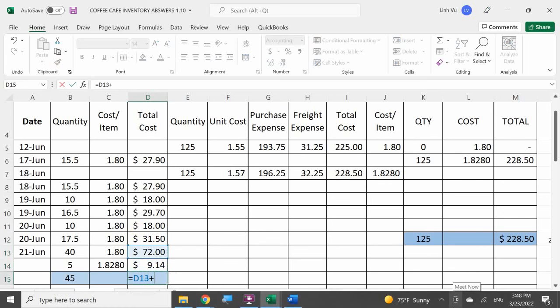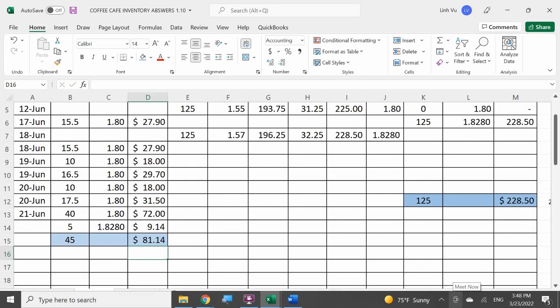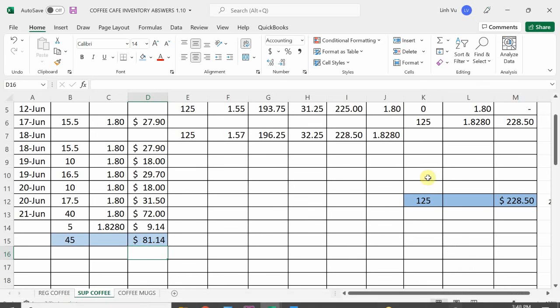Okay, so add these totals together. It's going to cost me for selling 45 pounds a grand total of $81.14. Right, 72 from the previous batch and $9.14 for the second batch, which is going to give me $81.14.